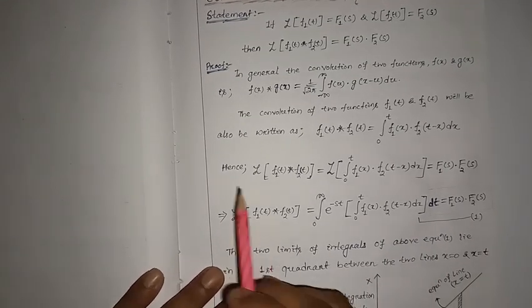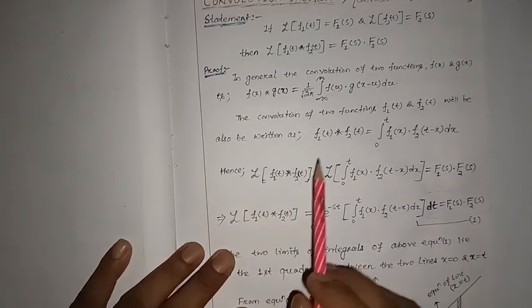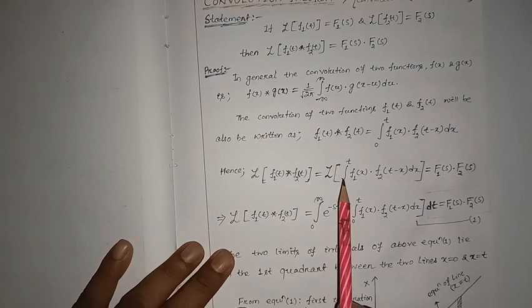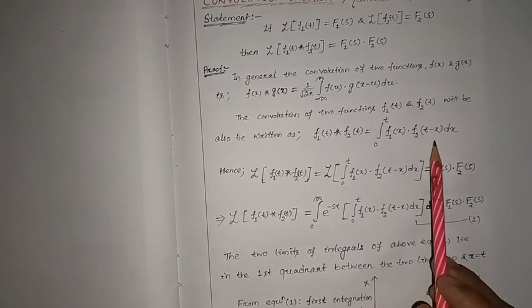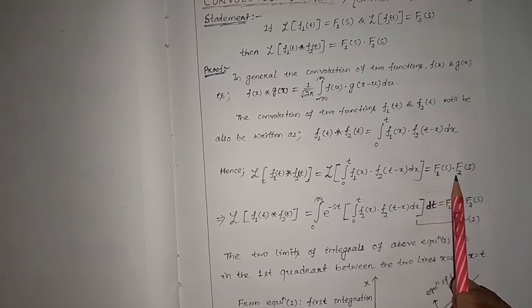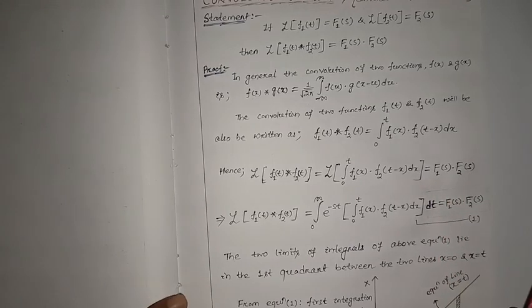So here the Laplace transform of the convolution of the two functions f1(t) and f2(t) will be equal to capital F1(s) times capital F2(s).